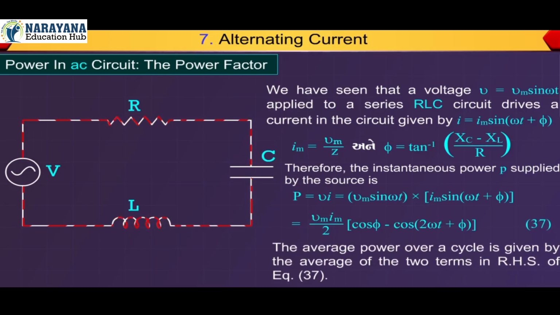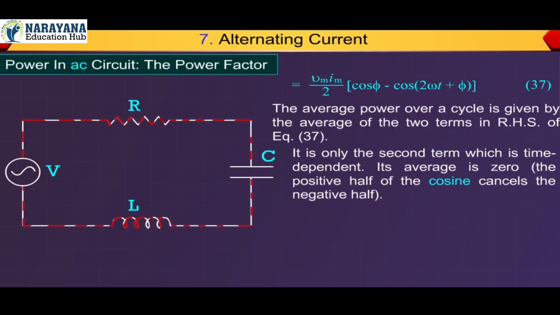The average power over a cycle is given by the average of the two terms in the right hand side of equation 37. It is only the second term which is time dependent. Its average is 0. That is, the positive half of the cosine cancels the negative half.